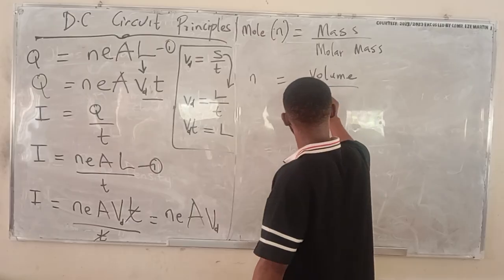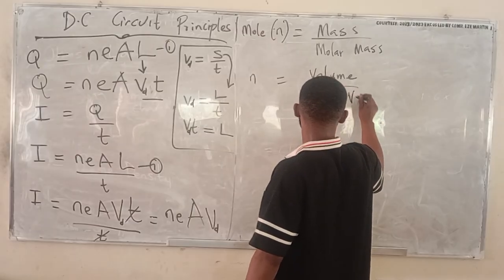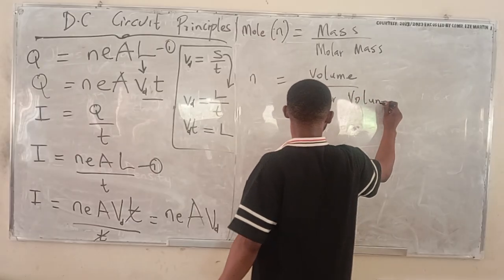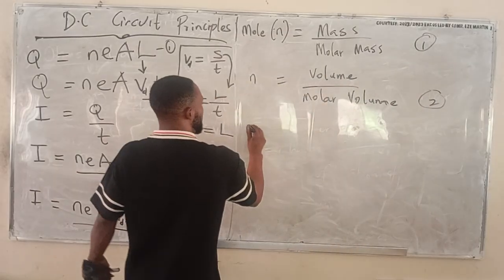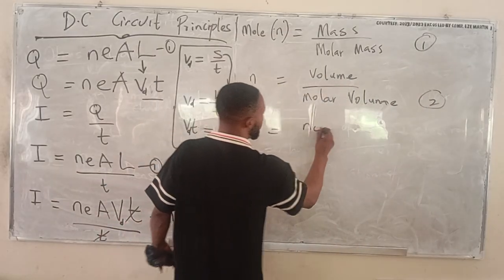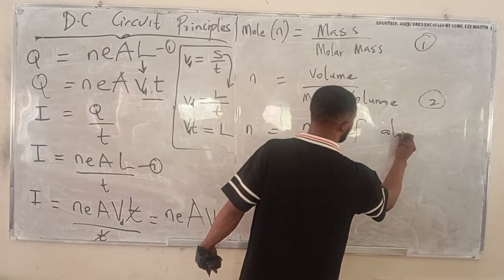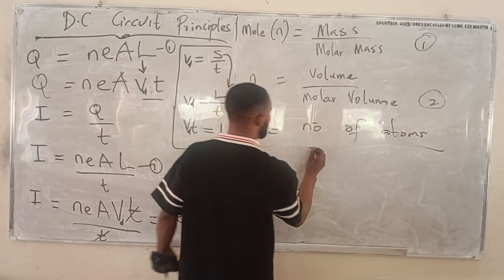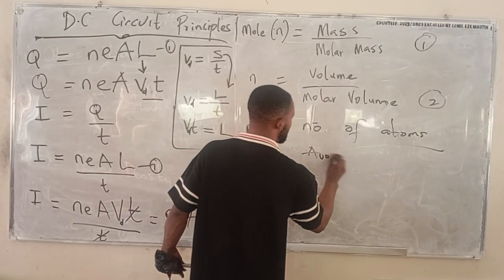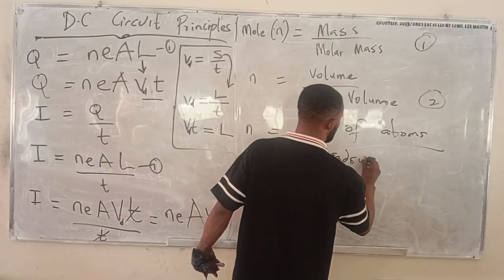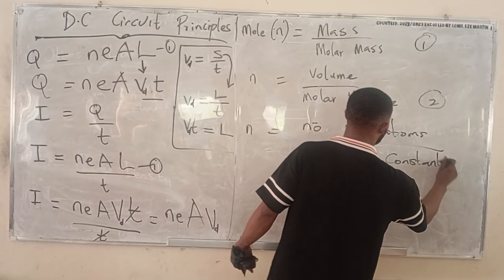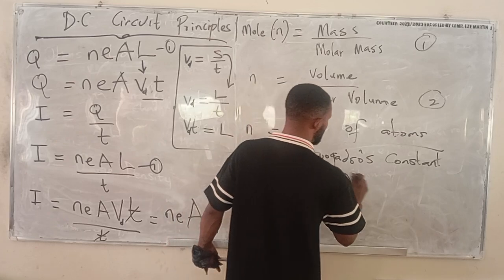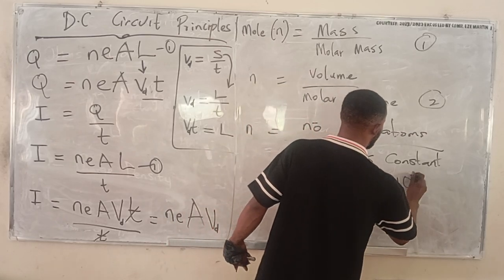I just want you to write it so that in case you see a question, you know it. n can be number of atoms over Avogadro's constant, which is 6.022 times 10 raised to the power 23.